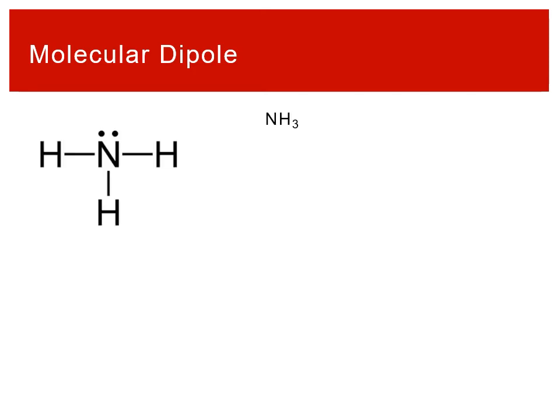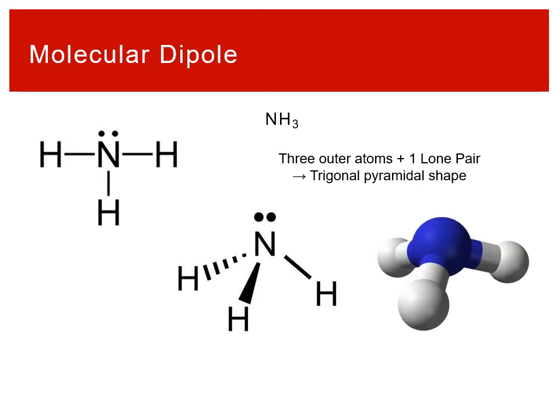So we again have that Lewis structure. We know based off the fact that I have 3 outer atoms and 1 lone pair that this thing would be a trigonal pyramidal shape. So we can rewrite our Lewis structure using dashes and wedges to indicate shape, or we can just look at that 3-dimensional orientation. And so when we look at then the bond dipoles, we know the bonds are polar.